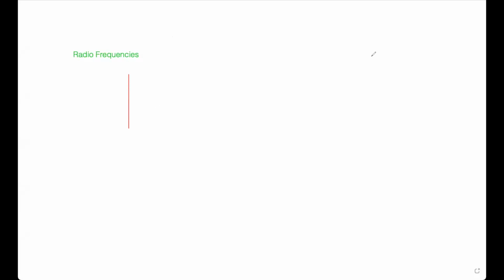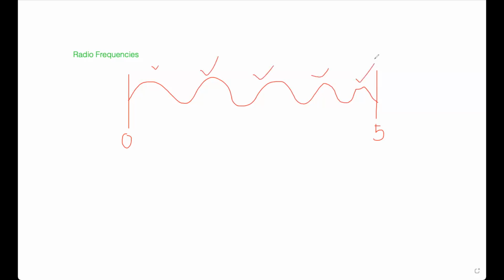For example, if you take a period of time, let's say 0 to 5 seconds. In these 5 seconds, how many waves are totally propagated is the frequency. So for every 5 seconds, I have 1, 2, 3, 4, 5 iterations of the signal, right?